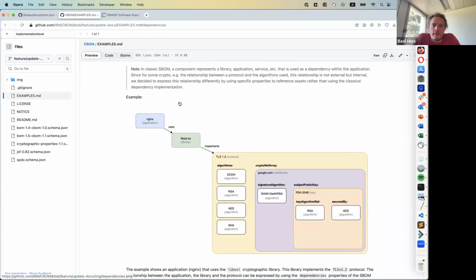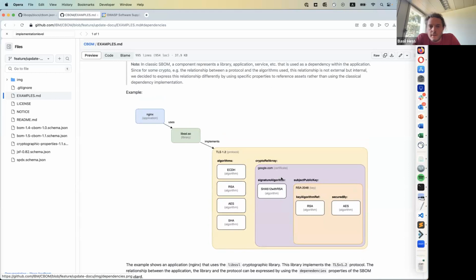So here you would scan the network and you will see a service, or an application like Nginx, which in this case uses the library libSSL from OpenSSL, which in turn implements TLS, in this case the TLS 1.2 network protocol, which in turn uses a couple of algorithms here: ECDH, RSA, AES, SHA-1.